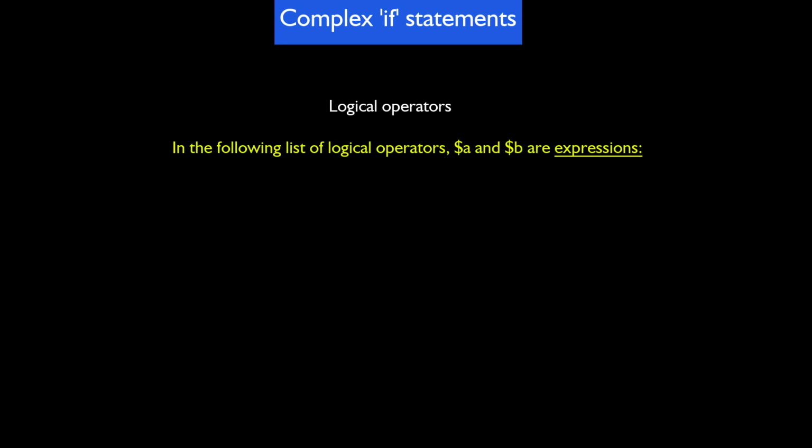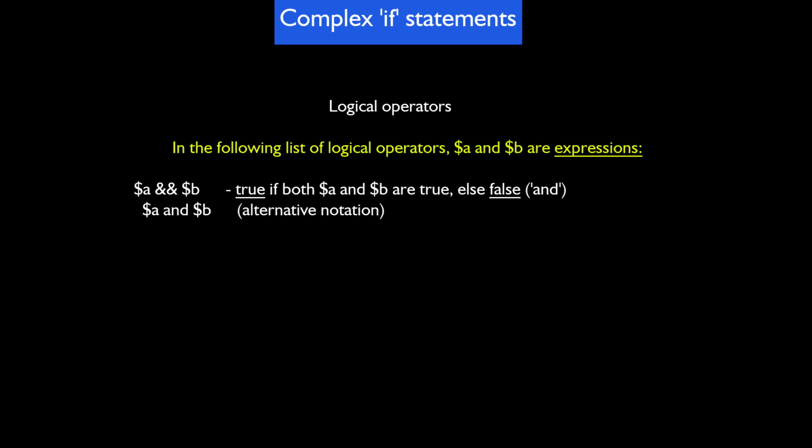Here, $A and $B represent expressions as before. $A && $B is true if both $A and $B are true. You may also code it using the word and, $A and $B. $A || $B is true if $A or $B or both are true.